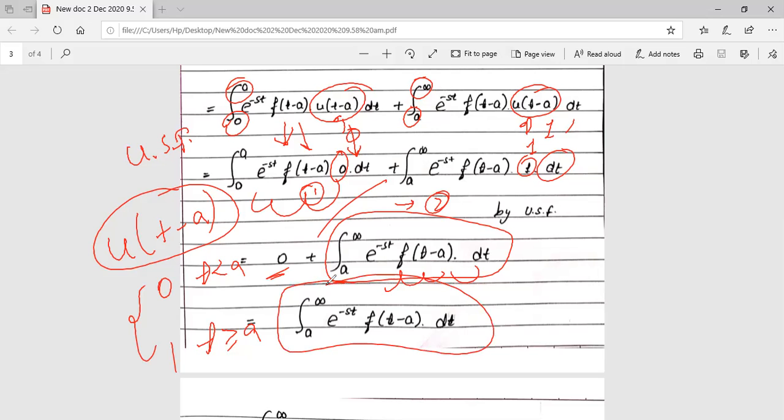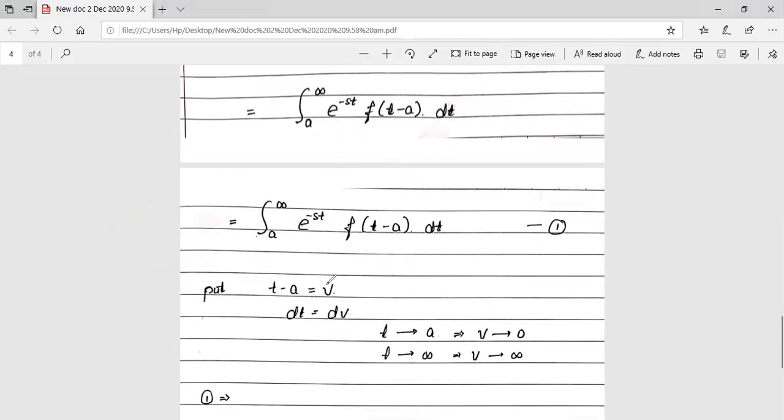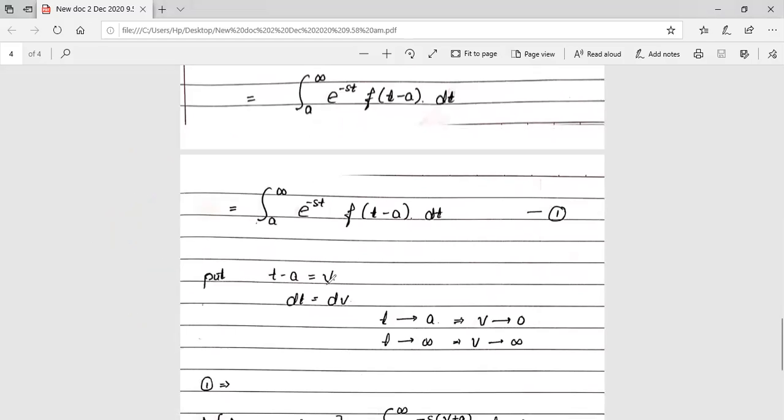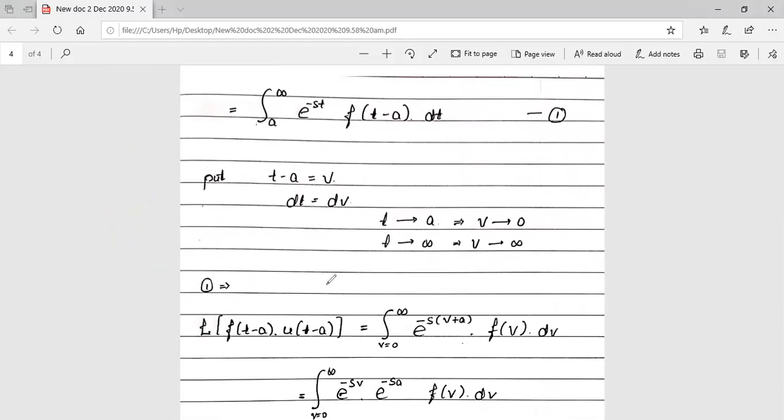Here we will get, and call this equation number 1: integration over a to infinity of e to the power minus st f of t minus a into dt. Now put some changes here.